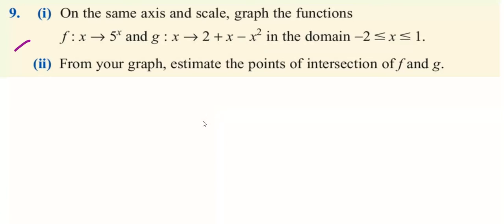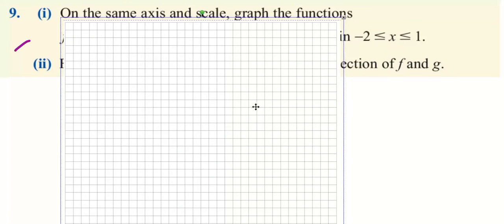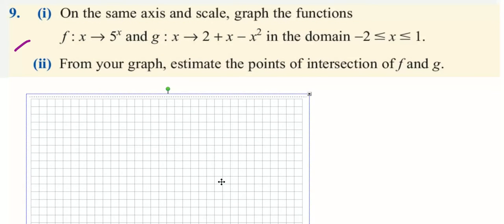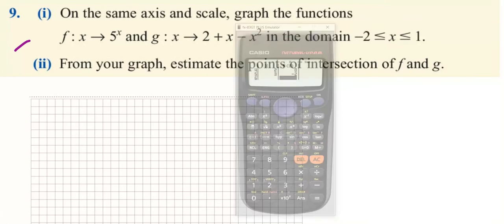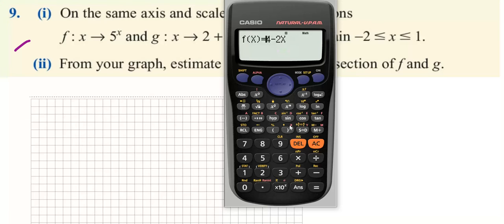For question 9, once again we're going to be drawing out these graphs from -2 up to 1, and we'll see what happens here. So we have the f of x graph, which is 5 to the power of x. Start at -2, end at 1, step of 1.